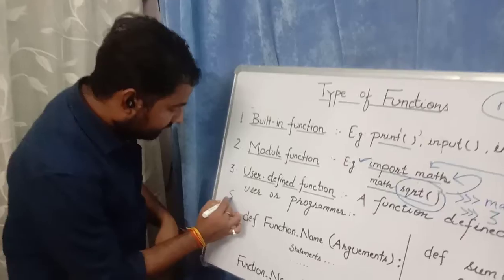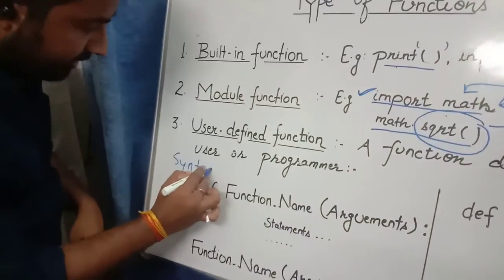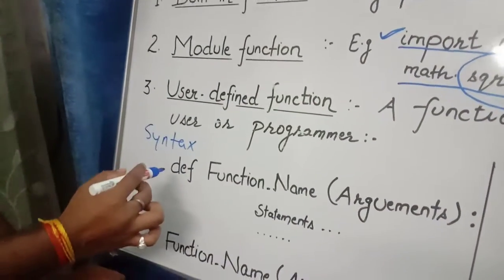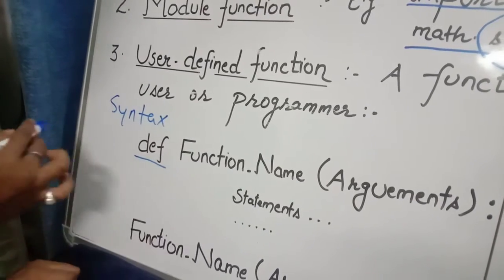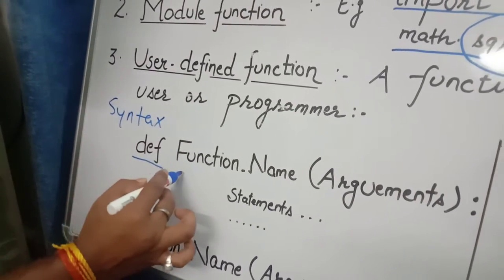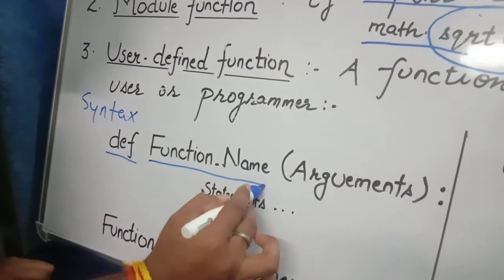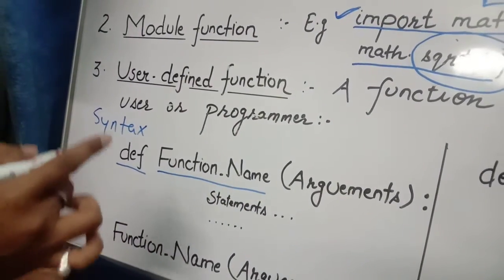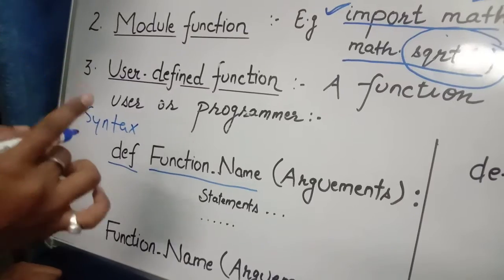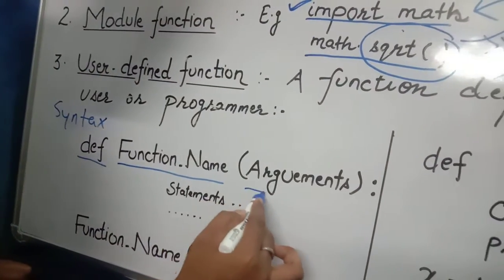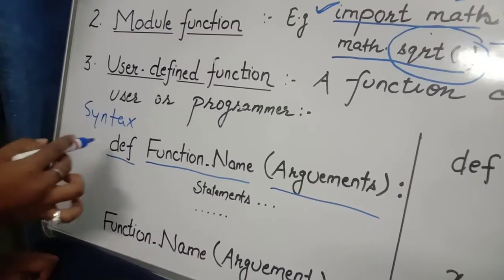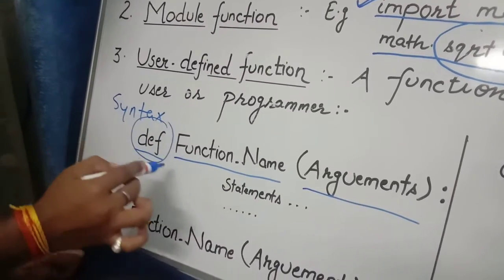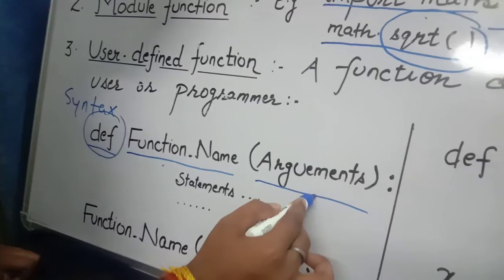See the syntax of a user defined function. You have to use the keyword def. Then you have to give the function name, using the rules of an identifier. Then third is the argument. Basically there are three parts of a function: first the def keyword, then the function name, then the argument.